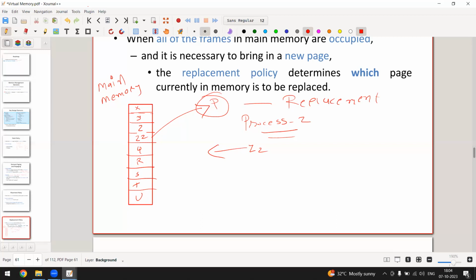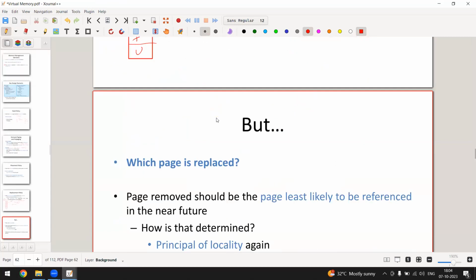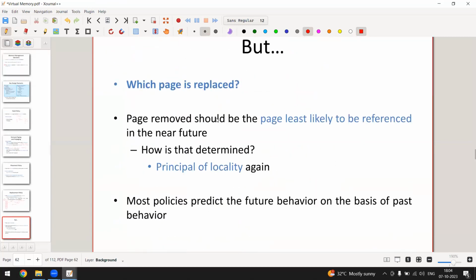When you want to replace a page, you have so many pages in the memory. You have to decide which page to swap out. This decision is called page replacement. So the discussion is which page you have to replace.